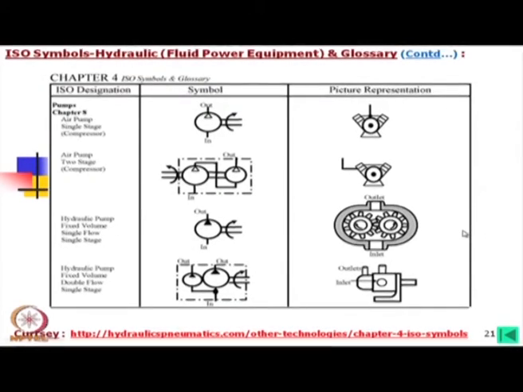Now, next is the rotary actuator. In that case, you see this is a pump. Now, this pump, again this triangle is not filled, that means this is air or gas. So, this indicates the direction of rotation.